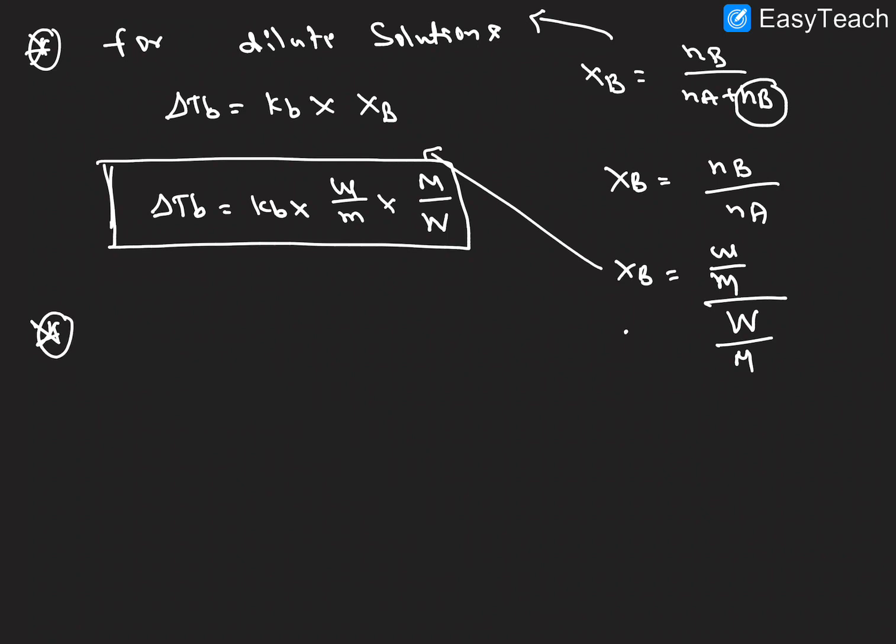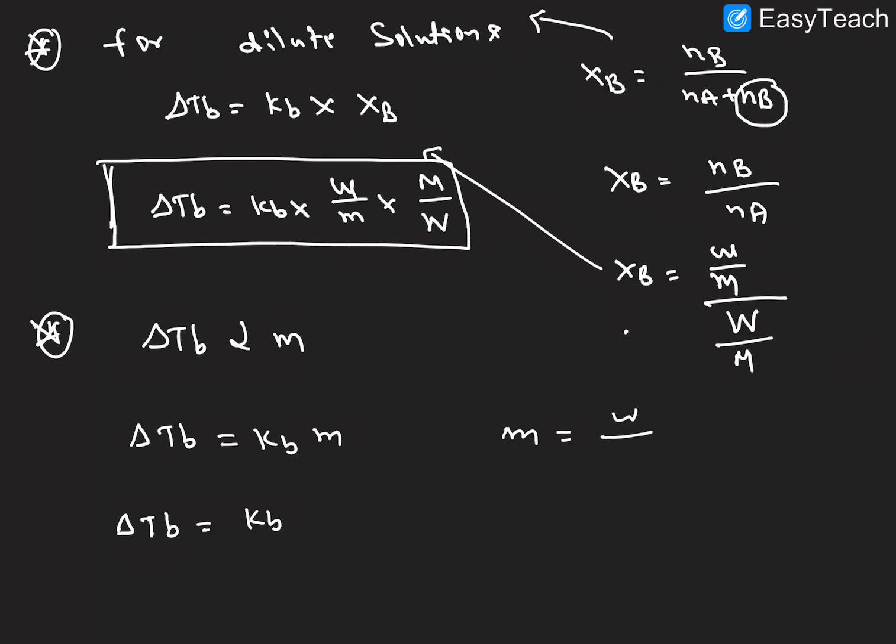Next important point here, the relation between KB and delta TB. Generally delta TB is directly proportional to molality, small m. So taking the constant, delta TB equals KB into molality. What is the molality formula?